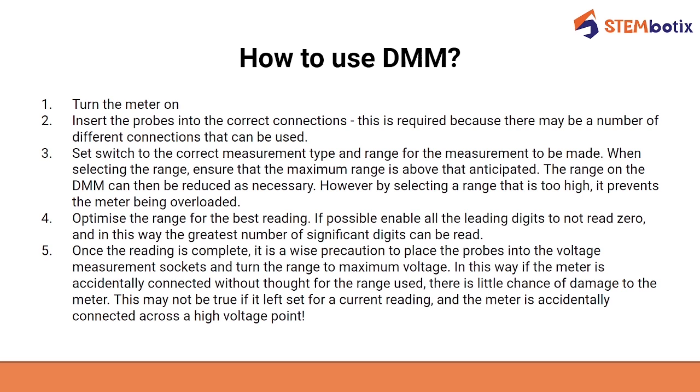In this way, if the meter is accidentally connected without thought for the range used, there is little chance of damage to the meter. This may not be true if it is left set for a current reading and the meter is accidentally connected across a high voltage point.